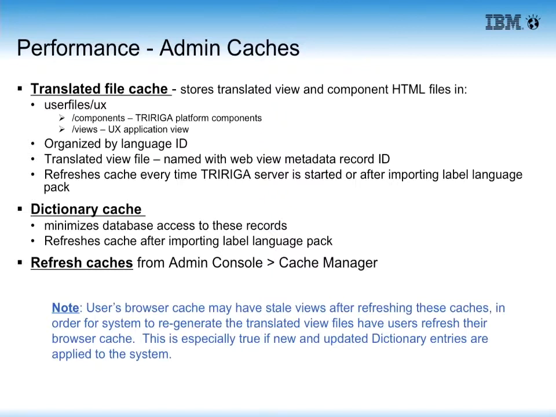It's a similar cache mechanism we use for the object metadata. And it also gets refreshed after importing the label language pack. Admin users can also manually refresh these caches from the cache manager.